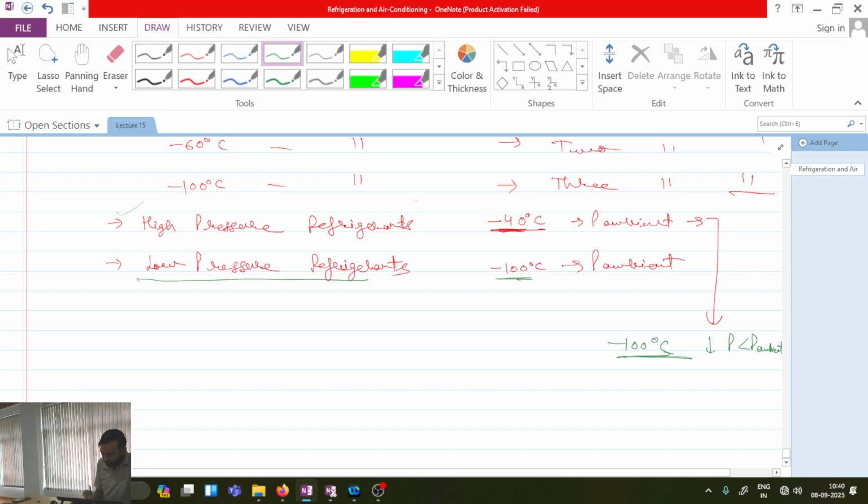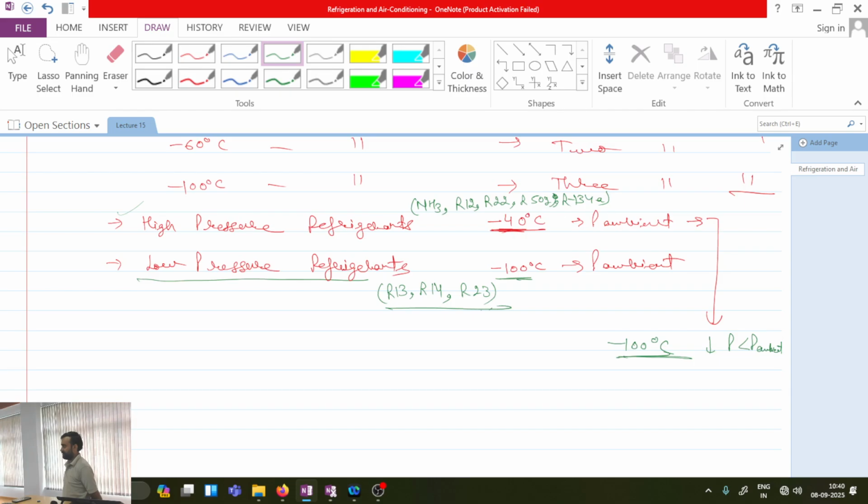Refrigerants such as ammonia, R12, R22, R502, R134A, all these refrigerants come under the category of high pressure refrigerants. Whereas refrigerants such as R13, R14, R23, etc., come in the category of low pressure refrigerants. Is this one clear?